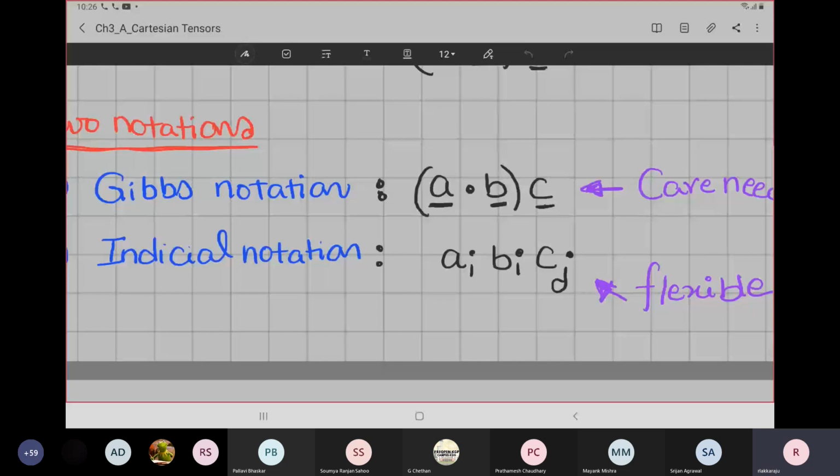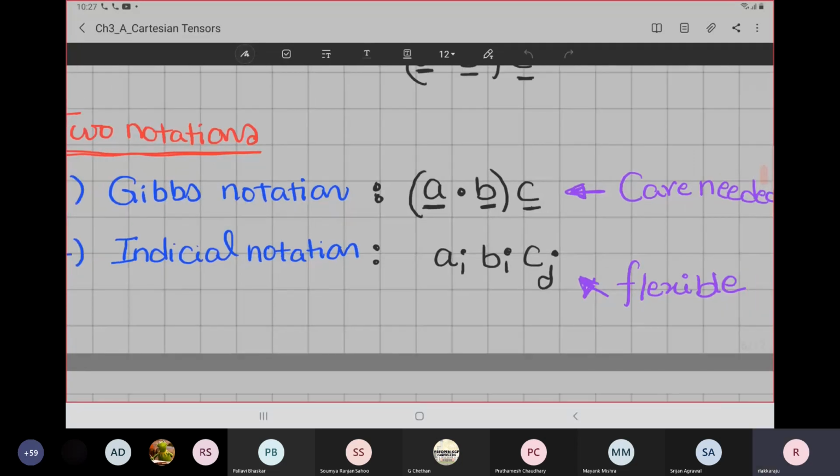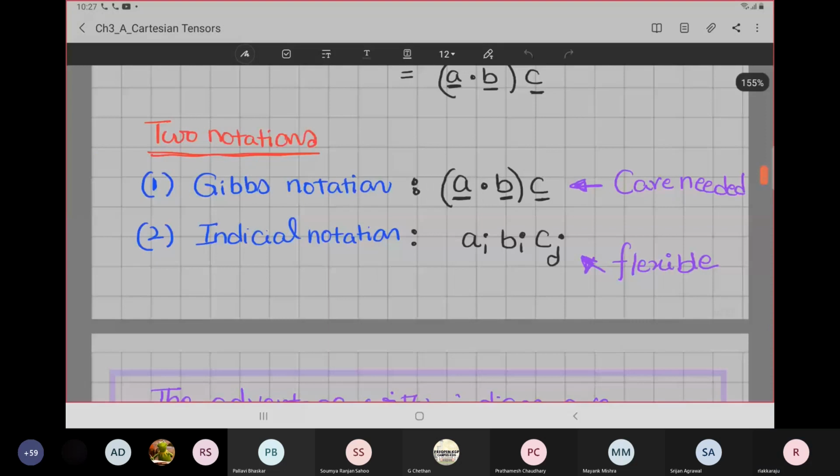In indicial notation you handle only scalars, by just writing something like A dot B C as A_i B_i C_j, everything scalar. That flexibility allows a much better way for computer programming and so on. We will come back to this more.